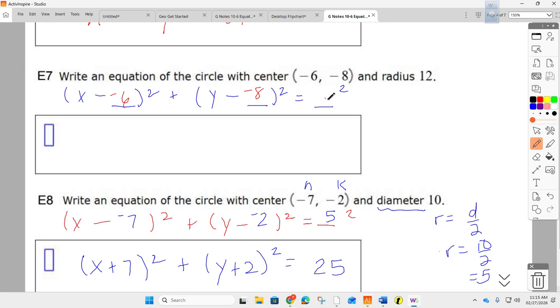Oh, no. So this one is different, right? They gave the radius. This one is the diameter. So this one starts with an R, so we don't have to do anything with it. Yes, 12. So now we just got to simplify the minus the negative, so plus 6 squared plus y plus 8 squared equals 144. And that's what we type in, okay? The only time we put the zeros in is origin.